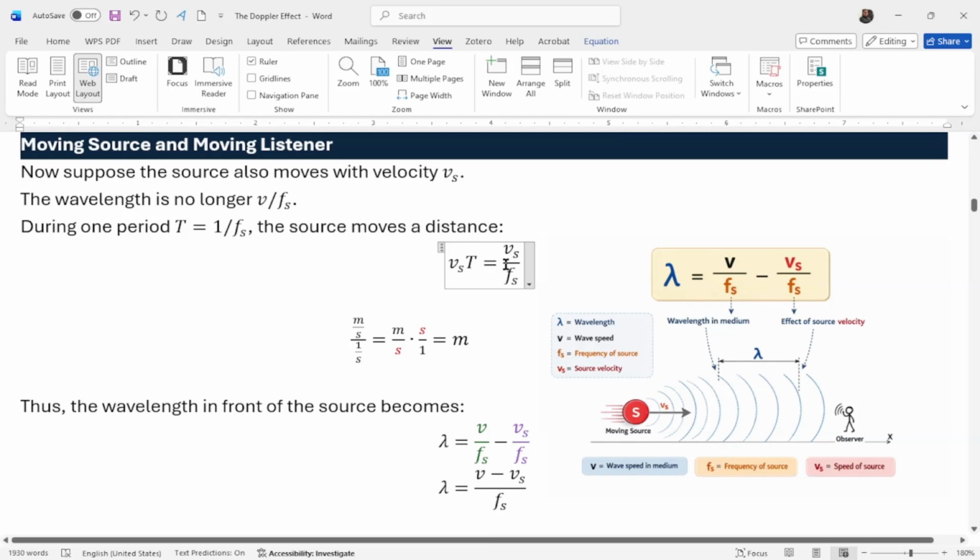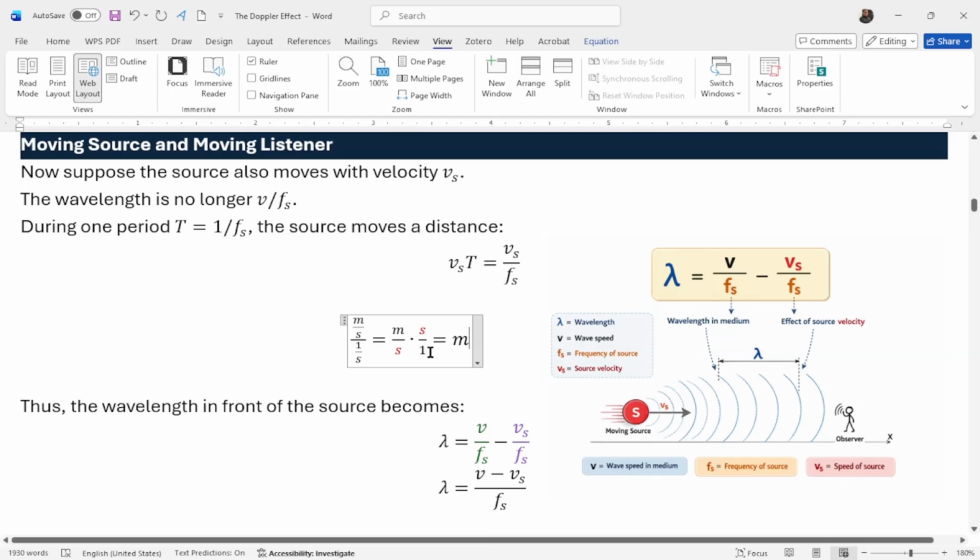Now if we're going to look at the units of these different quantities, we still arrive with the unit meter, because m over s divided by 1 over s, we will get the reciprocal of 1 over s, so that becomes m over s times s over 1.